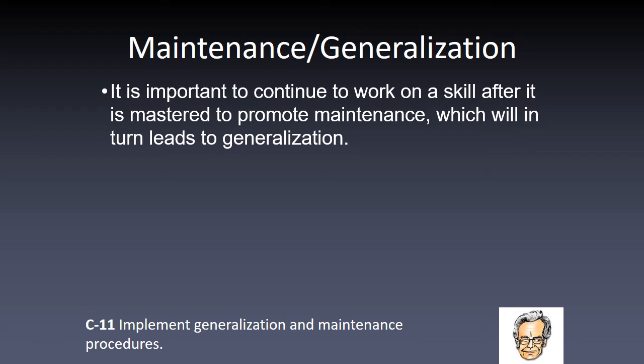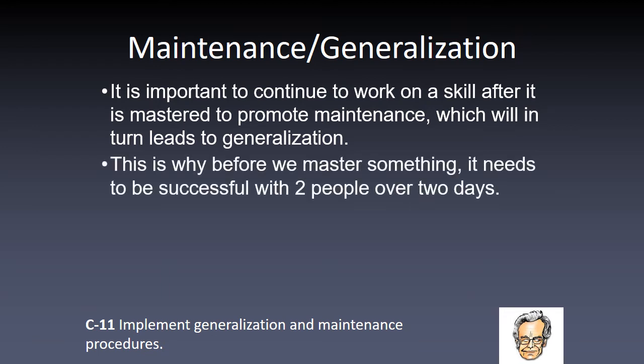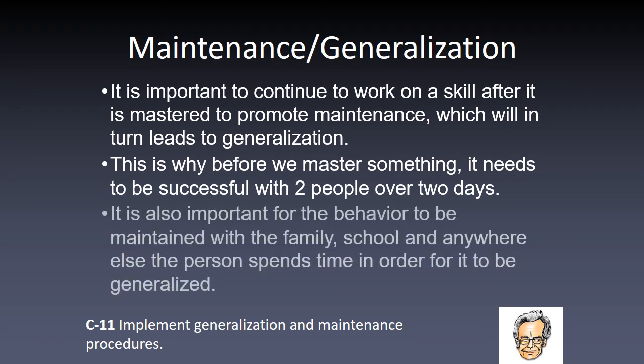They need to be able to do it in multiple areas and with multiple people. This is why when we master something, we try to do it with 2 people over 2 days. It is also highly important that the behavior be maintained with the family, school, and anywhere else that person spends time with in order for it to be generalized.